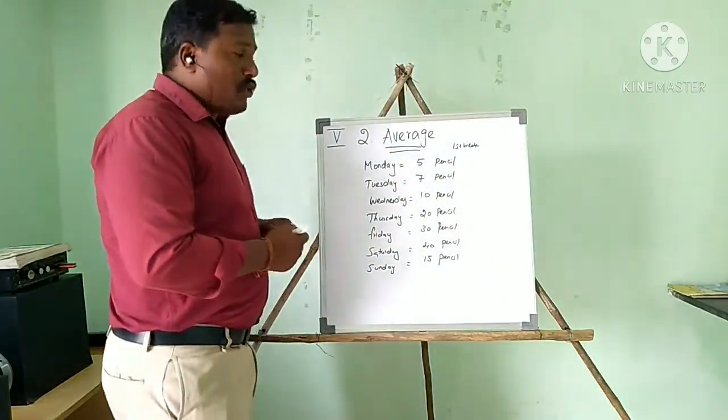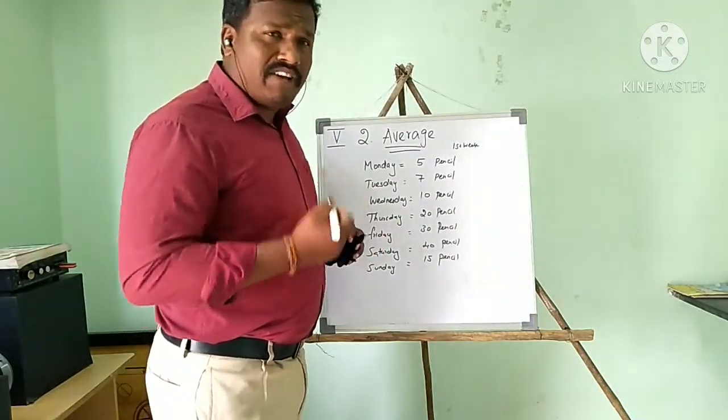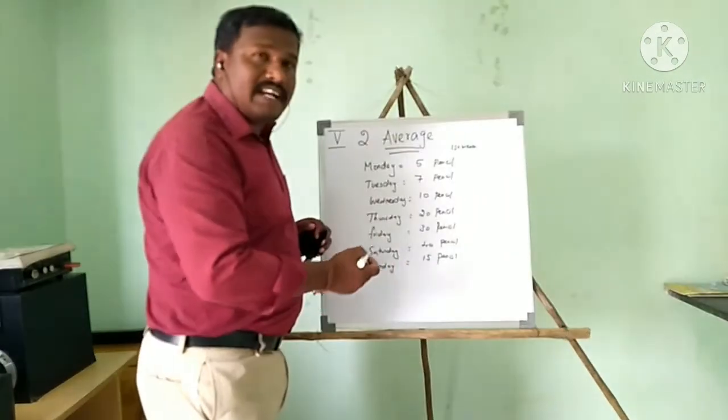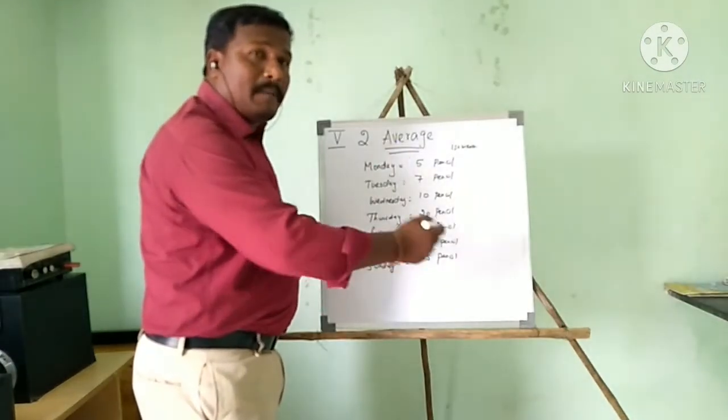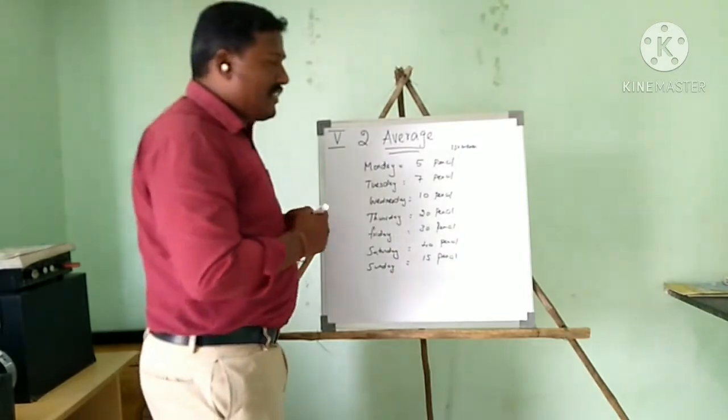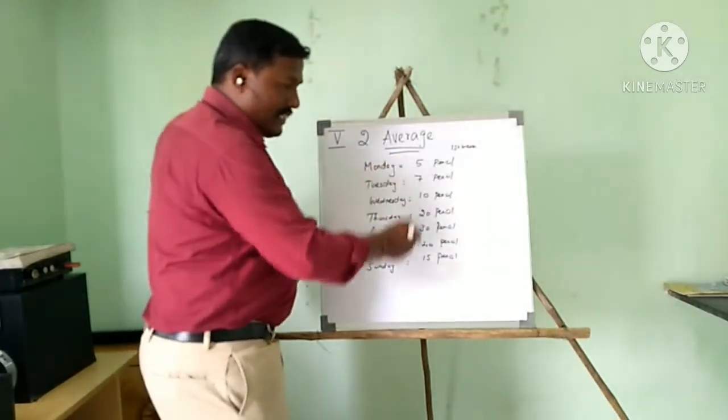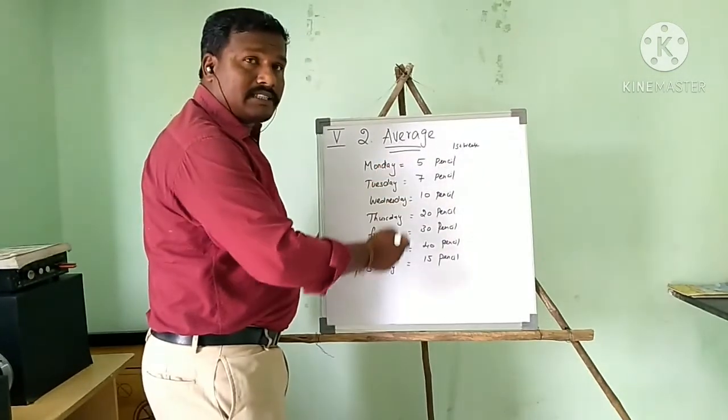So simply, you know very well the formula for finding an average: the sum of the add-ons divided by the number of add-ons. Now I am going to find the sum of the add-ons.